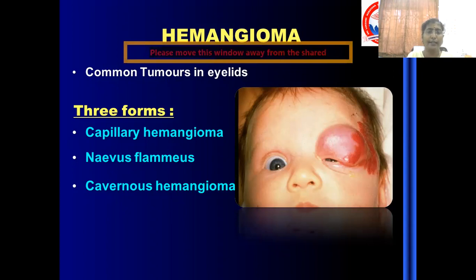Strawberry nevus includes capillary hemangioma. These are the most common tumors, present at or shortly after birth, and rapid growth usually occurs in the first year of life. There is a predilection for the upper lid, and it resolves spontaneously, usually by 7 years.